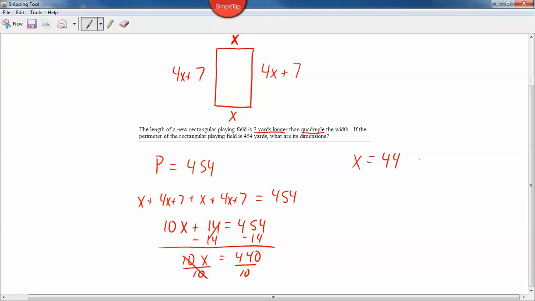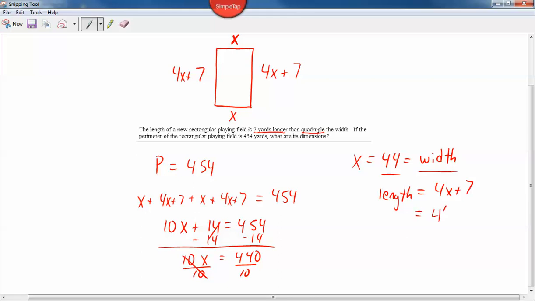What was x? The width. So the width is 44 yards. What's the length? The length is 4x plus 7.